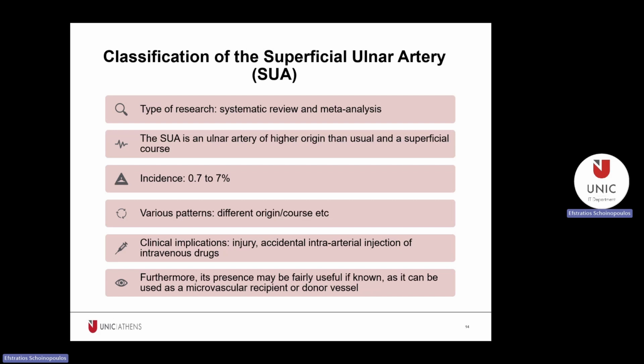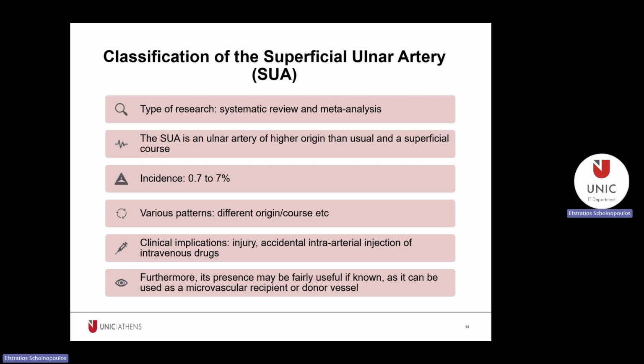Superficial ulnar artery is an ulnar artery of higher origin and the superficial course. It presents various patterns according to its course, its origin, and its coexistence with the normal ulnar artery. And due to this superficial course, it might be injured very easily.